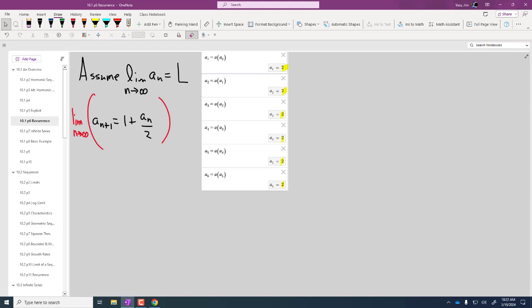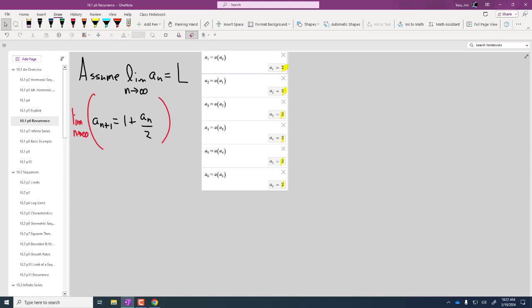Treat these as two separate sequences: one starts at 1, this one starts at 2, but the tails are the same. If you have a sequence that converges, you can chop off the first term, or the first 10, or 100, or 1,000,000 terms, and it still converges to the same thing.